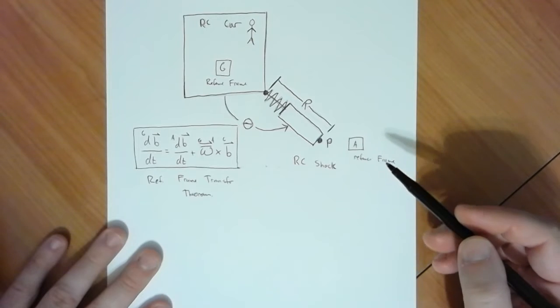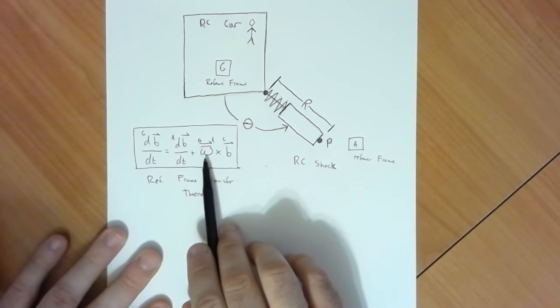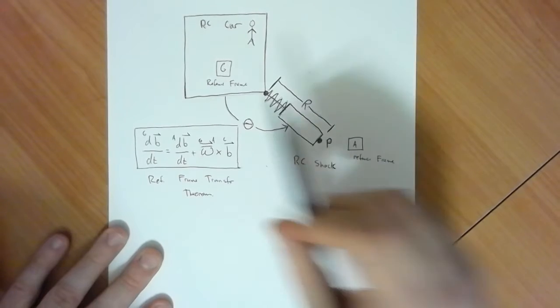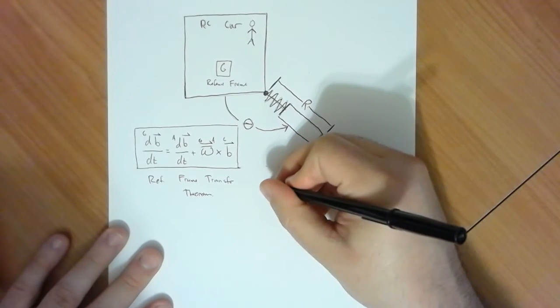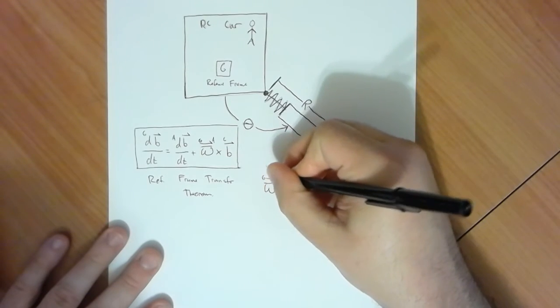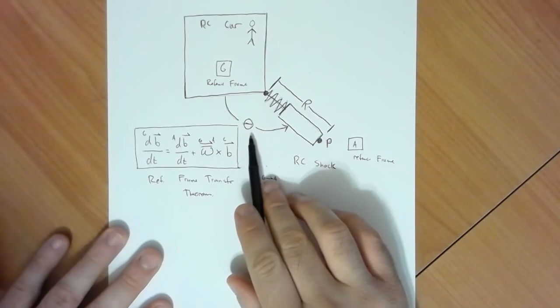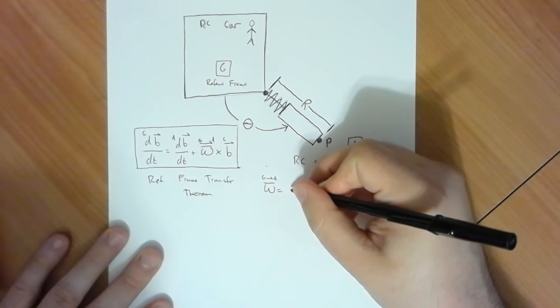And we were again trying to figure out what this omega value is. Omega is just the rate at which reference frame A is rotating with respect to reference frame G. So I'm just going to write that down. Just to remind myself, omega from G to A is equal to the rate of rotation. Well, I know theta is the position at any moment in time.